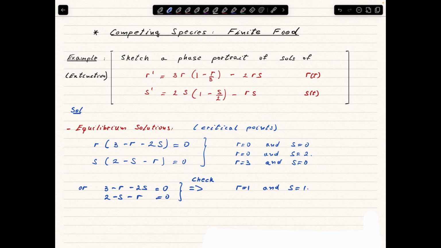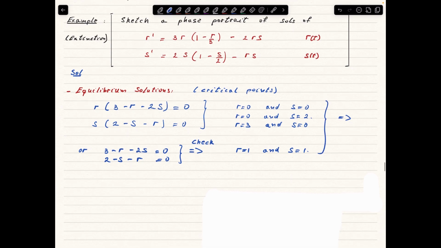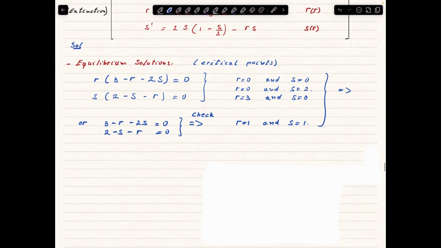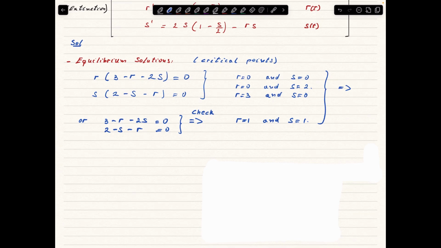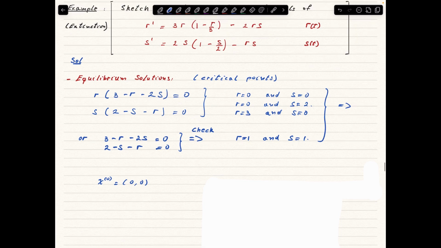Okay. Then all that implies that we got four equilibrium solutions, which are, let's put them here. x0, the first one is 0, 0. Oh, how are we going to name the variables?